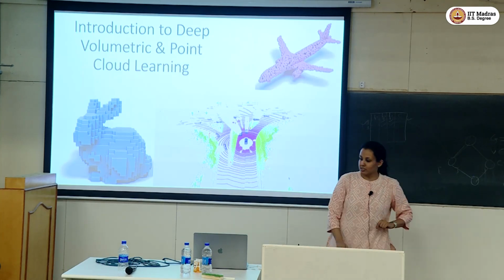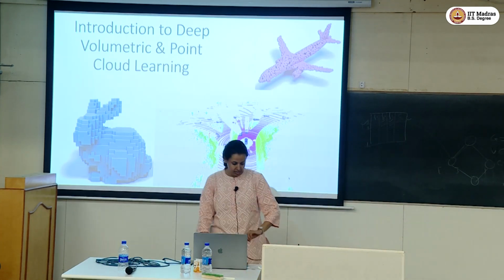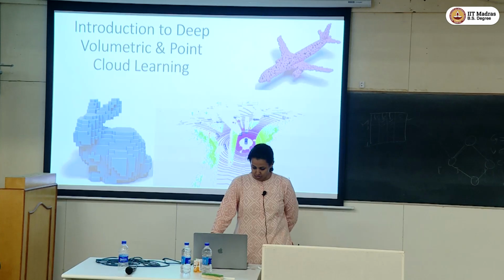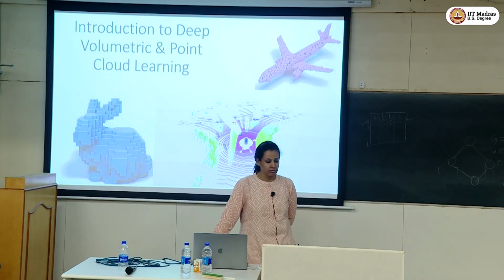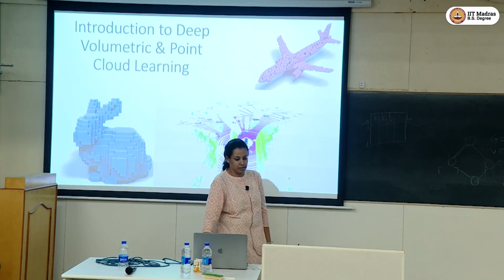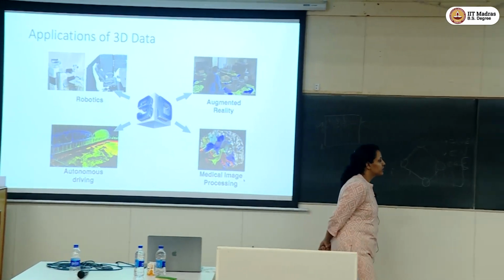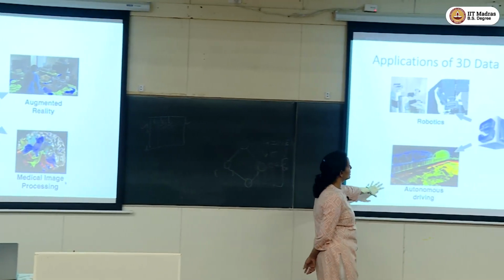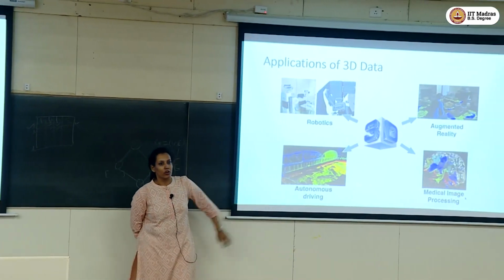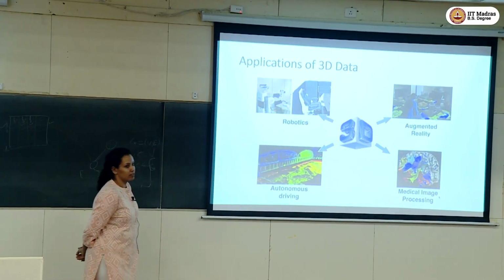Okay, so the graph part is done. I also work on 3D. I won't be covering too much detail, but I'll give you some idea, right? Applications of 3D data, so many. I think this is the most common that you all would know, autonomous driving, and also maybe AR, VR.